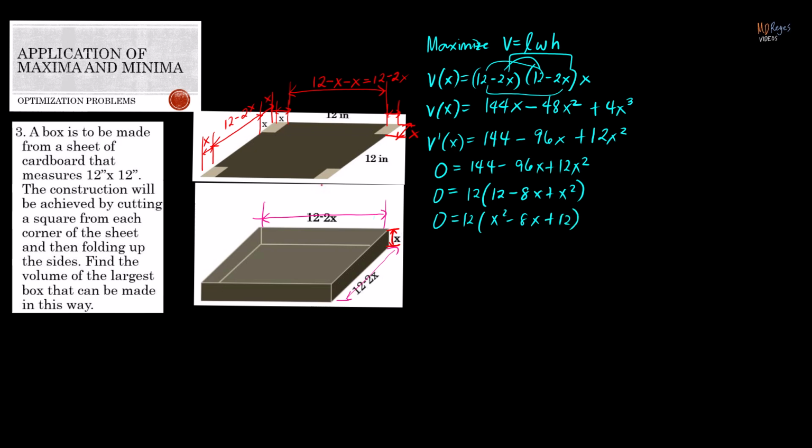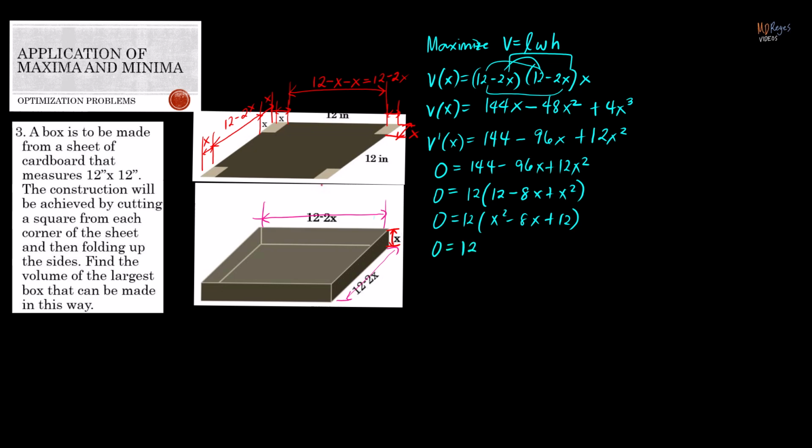And then to solve for x in this equation, we just have to factor this trinomial if it is factorable, or if not, we can just use the quadratic formula. So equating this to 0 afterwards, we can solve for x.